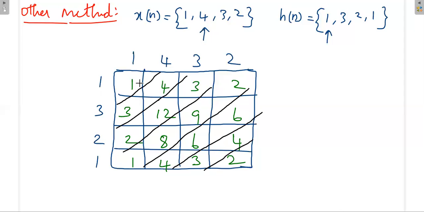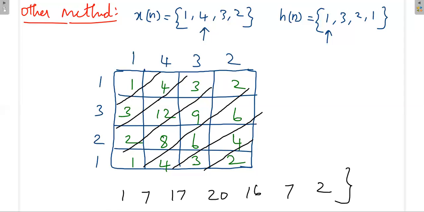What is the number present in this cell? That is 1. In this cell 3 plus 4, that is 7. In this cell 12 plus 3 plus 2, 17. In this cell 8 plus 9, 17. 18 plus 2, 20. Then 16, 7, 2.